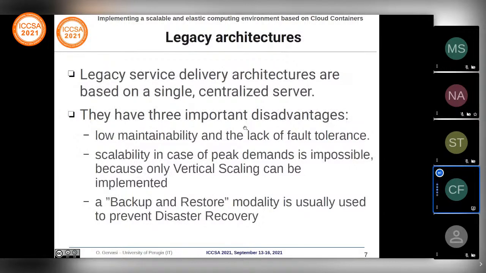Of course, the legacy architecture has several disadvantages, some already presented, but the main ones are the very difficult maintainability and the lack of fault tolerance, because if the only machine goes down, you lose the service. Scalability, as said, is impossible, and usually you proceed by backup and restore modalities.